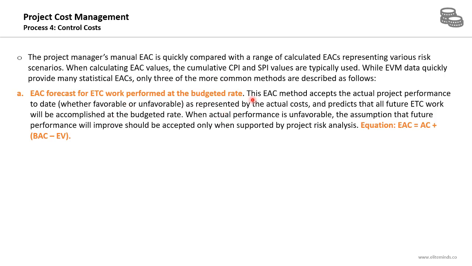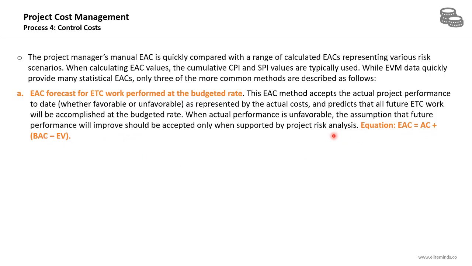This estimate at completion method accepts the actual project performance to date, whether it is favorable or not, as represented by the actual costs, and predicts that all future estimate to complete work will be accomplished at the budgeted rate. This is the main assumption. The formula is estimate at completion equals the actual cost plus budget at completion minus the earned value. This is the first method.